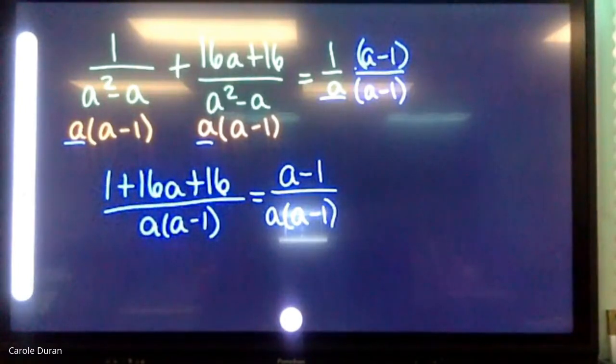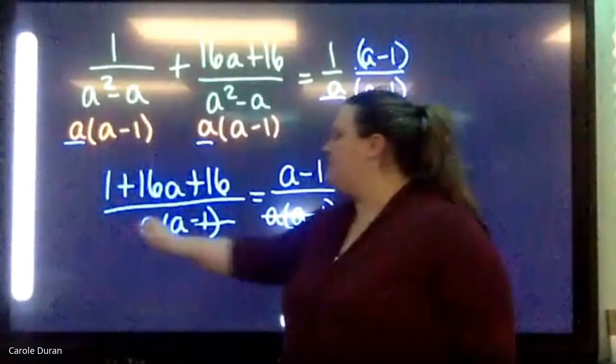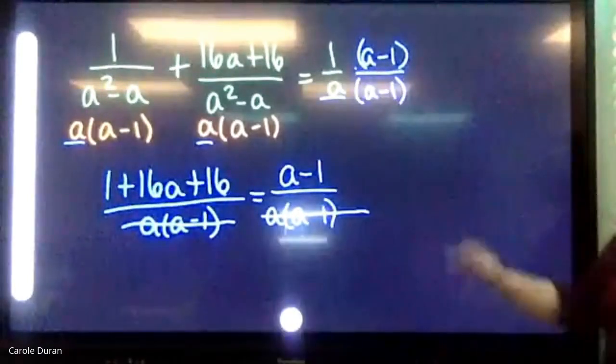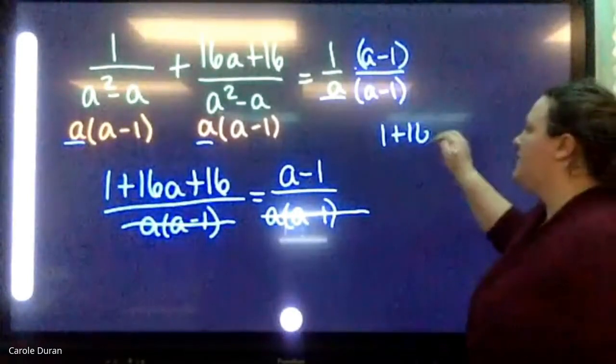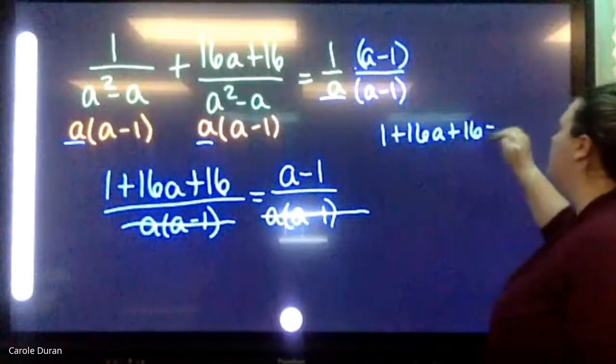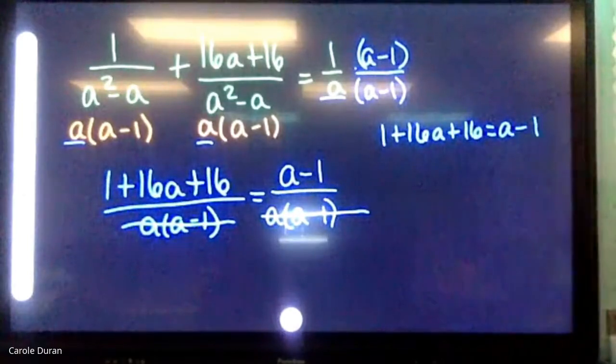What do you mean by the two top ones? I'm going to get rid of the denominators first because they're exactly the same. So then I'm left with 1 plus 16A plus 16 equals A minus 1.